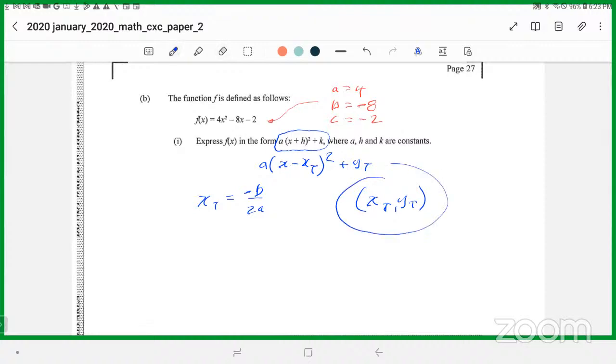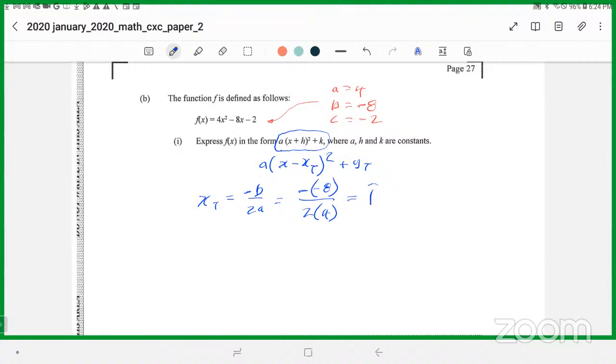The xt is the x part of the turning point. So the minus b over 2a becomes minus, that's this minus, the b is negative 8. You can put it in a bracket like that, divided by 2 times a, the a is 4. This becomes a positive 8 over positive 8, which is equal to 1.